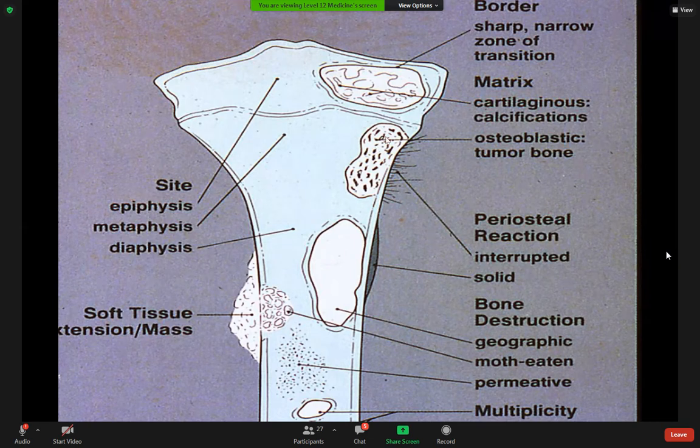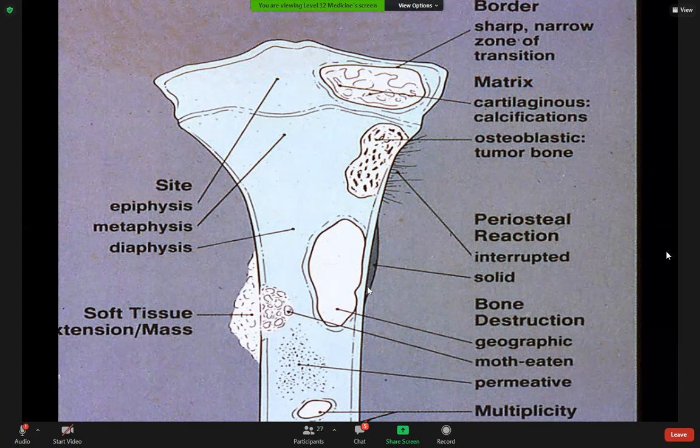Then you look at the matrix, which is inside the tumor or the lesion. Is it bone forming? We call it osteogenic, or osteolytic, meaning there is no bone inside. Then we look at the periosteal reaction. As you can see here, you might have a sun ray periosteal reaction, or is it a solid periosteal reaction?